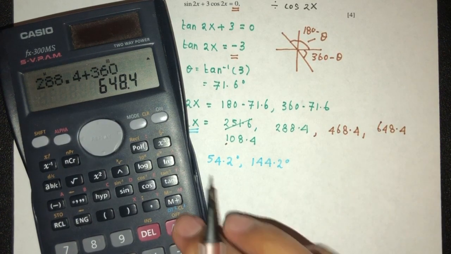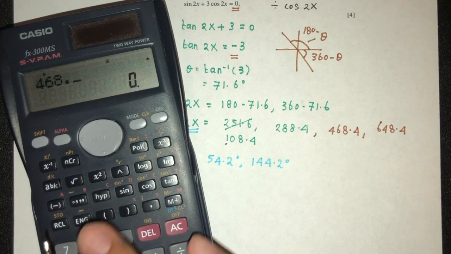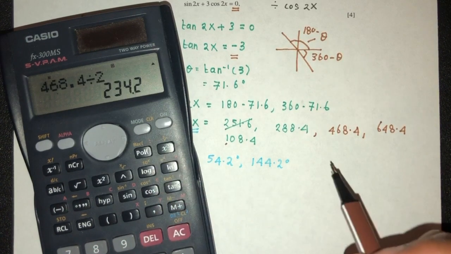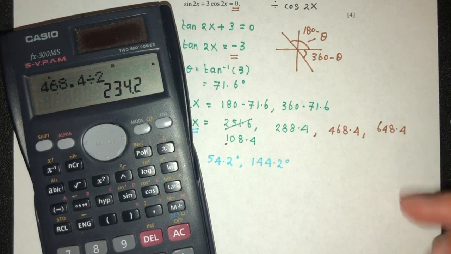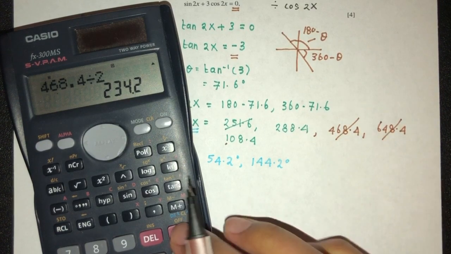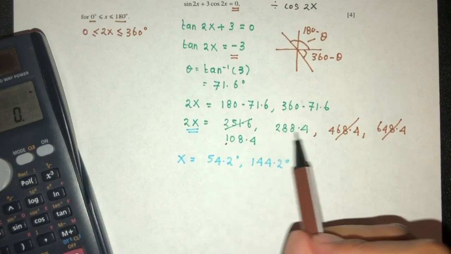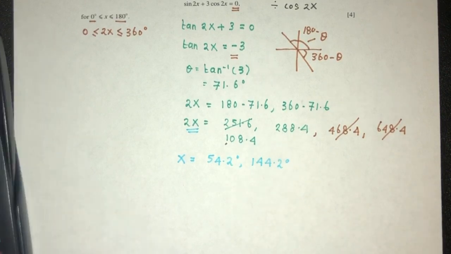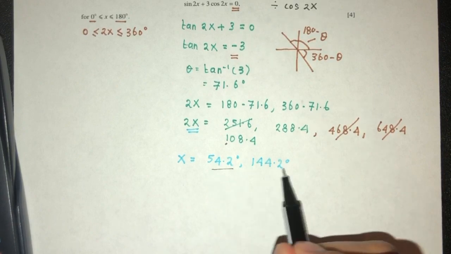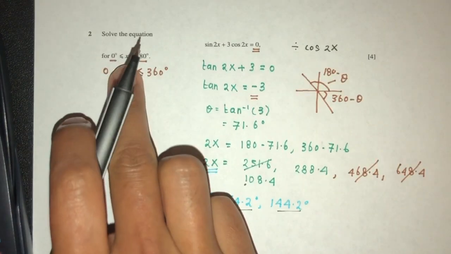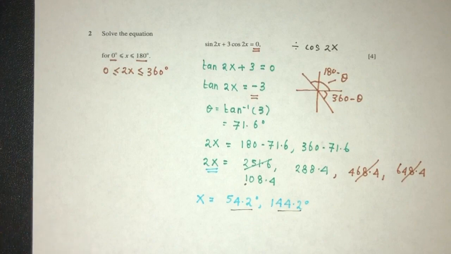Now divide by 2: 234.2 will be too much, and this obviously will be too much. So in this case, there was no need, because we could also see that 2x was 108 and then 288, and obviously the next revolution will be too much. So we only have those two values of x inside this domain. And that was a question in relation to trigonometry.